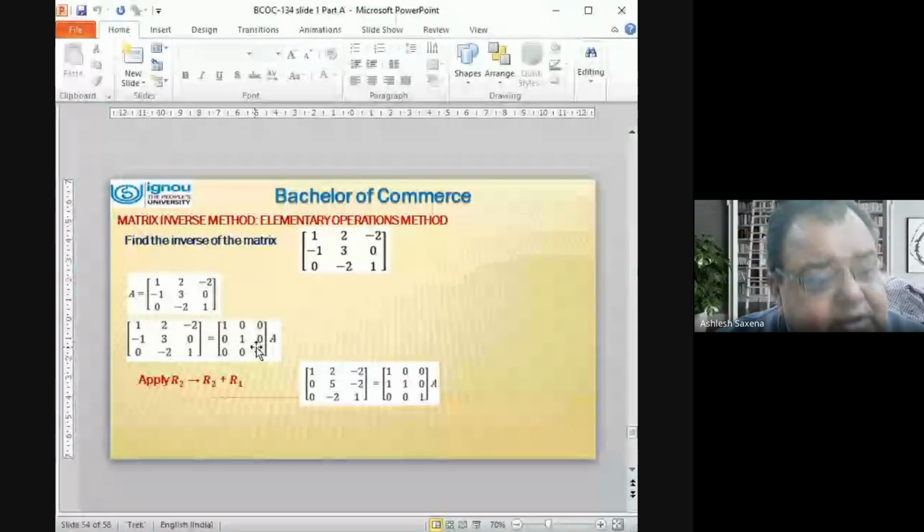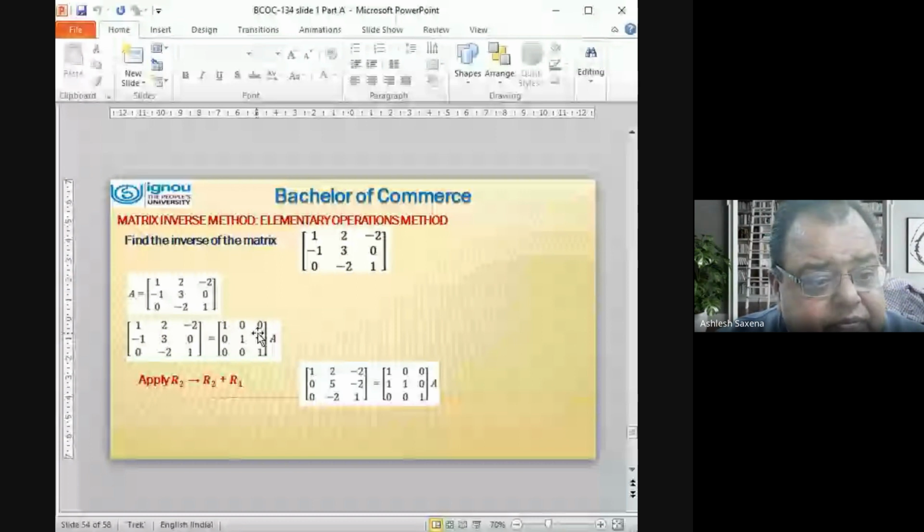These are the two things to remember. First, this matrix has to be converted into an identity matrix, and whatever operations you perform in this, the same will be performed over here.